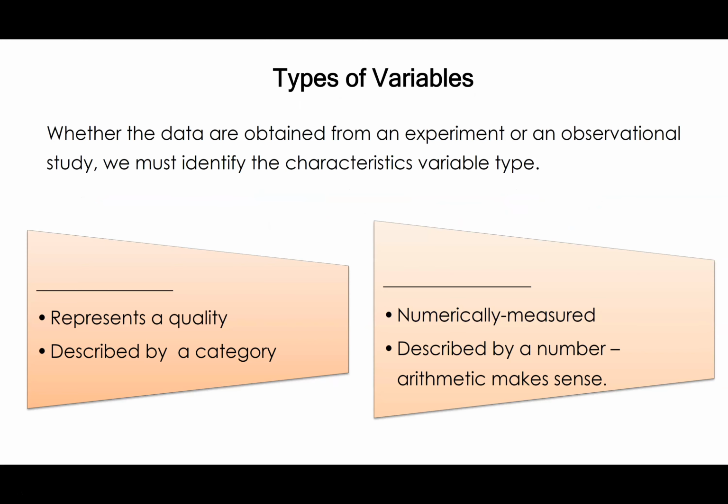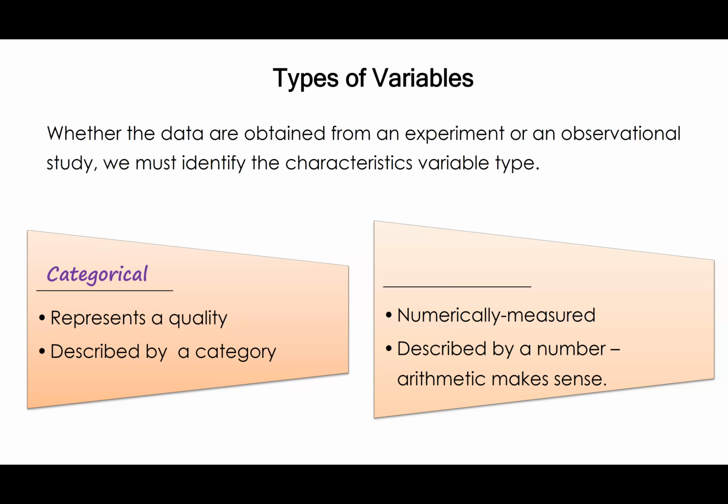So, types of variables. As far as we're concerned, there are two main types of variables we're really interested in looking at. The first is categorical. This is when you have your individuals in your sample, and the information that you're collecting on those individuals is qualitative. It has categories.